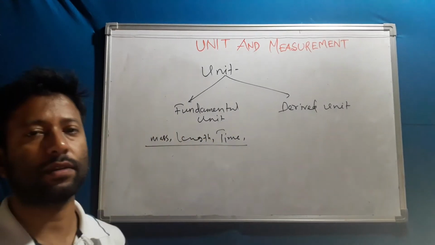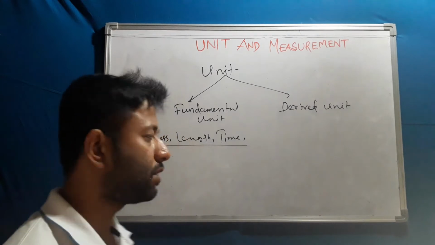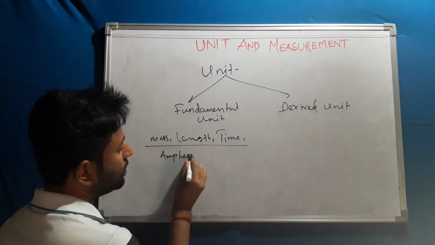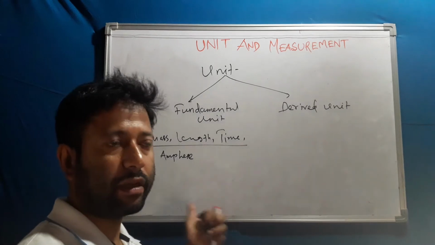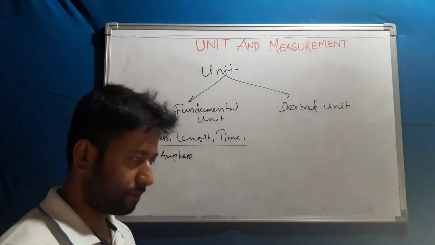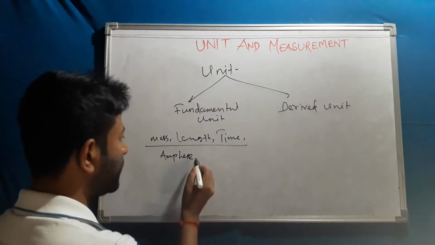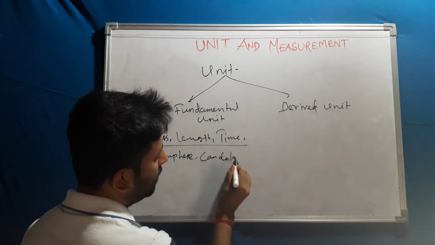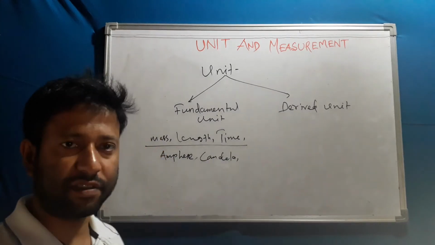And besides this, there are also four other fundamental units. Ampere, this is basically an electric unit, for electric current. Then candela, this is for light intensity.